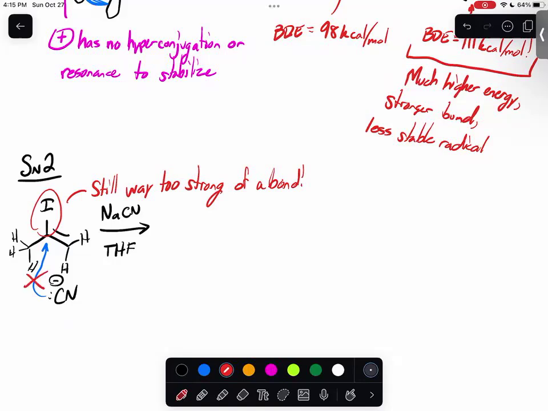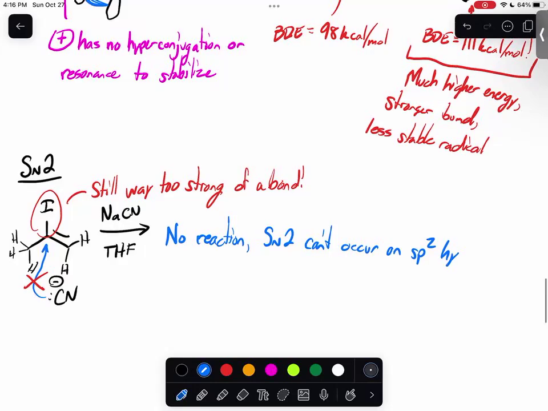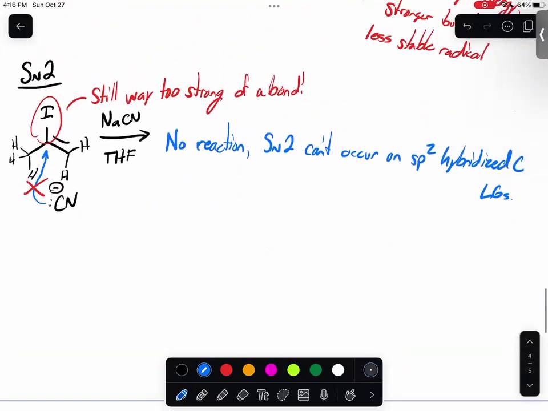All right. So essentially for this, it's still no reaction, right? Because SN2 also can't occur on sp2 hybridized carbon leaving groups, right? But then that brings up the last question, what about E2?